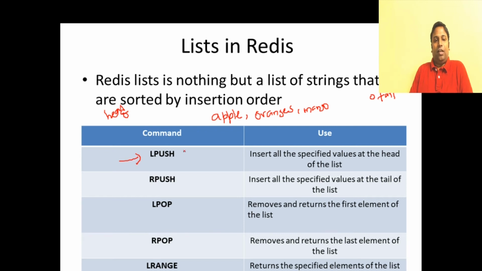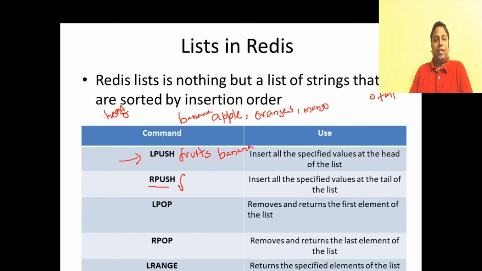For instance, lpush, I'll just give the name. Let us consider the name of my list is fruits, and then if I say lpush fruits banana, it goes to the head and inserts banana here. Now you might have considered what is rpush. Rpush will do the insertion from the tail end.